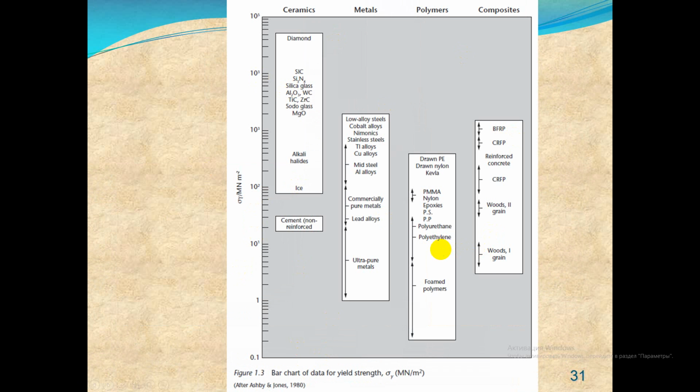The strength covers 6 orders of magnitude, and the highest value, diamond, is nearly 1 million times stronger than the lowest, foamed polymer.